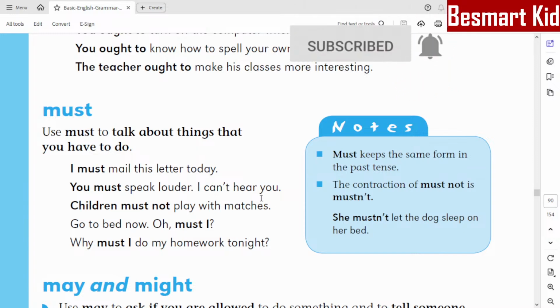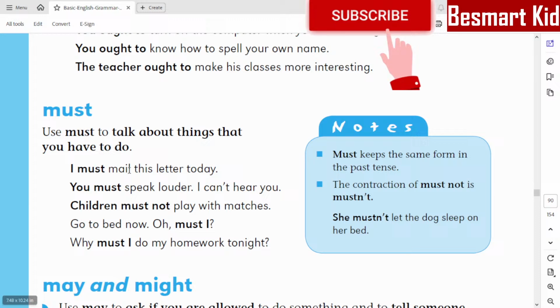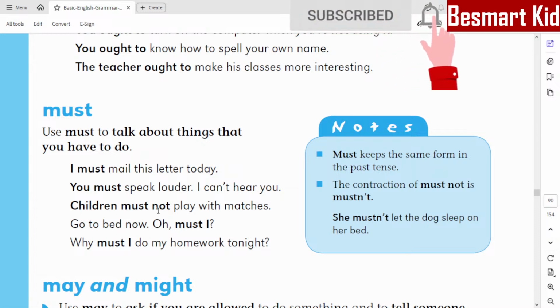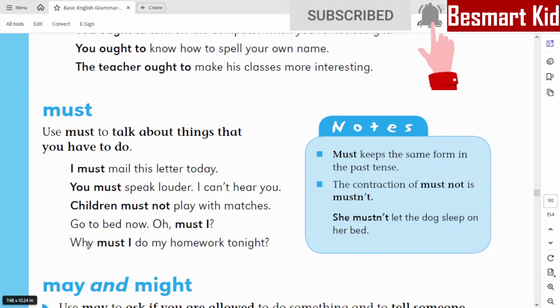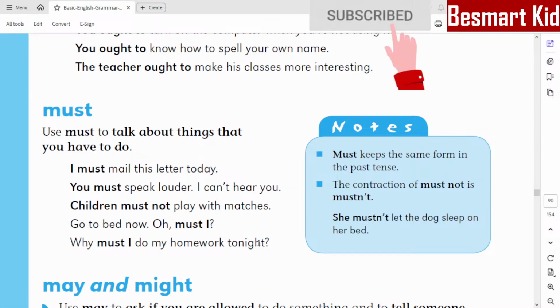I can't hear you. The children must not play with the matches. Go to bed now. Oh, I must eat. Must I? Why must I do my homework tonight?